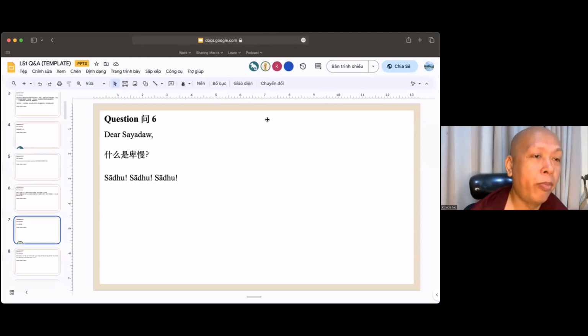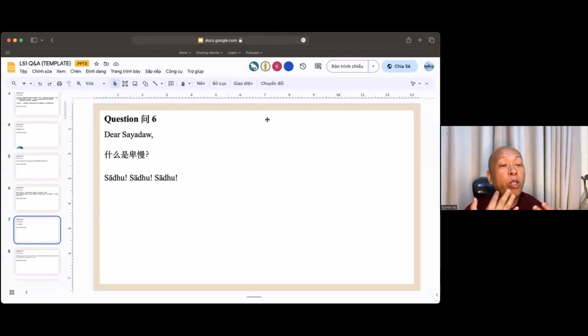Okay, sadhu, sadhu, sadhu. Hina Mana means, for example, I'm not as smart as you, right? I may say, I don't care. Although you are smarter than me, I don't care. That kind of mana. So sometimes, although we are inferior, lower than somebody, we have mana. We don't want to be humble, right?